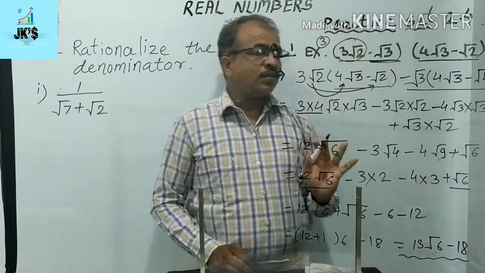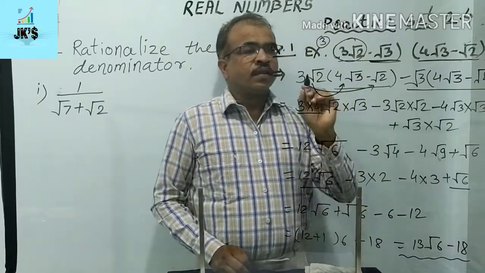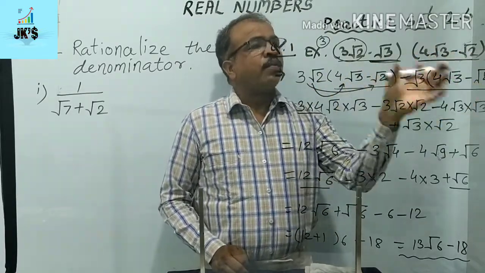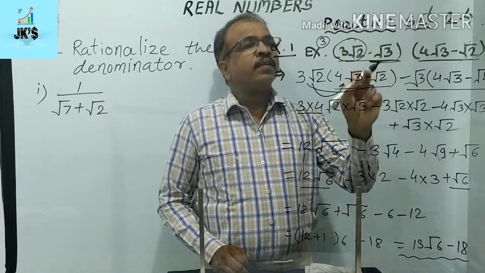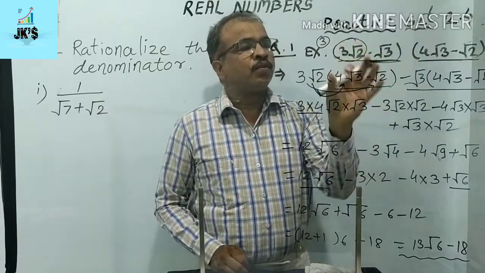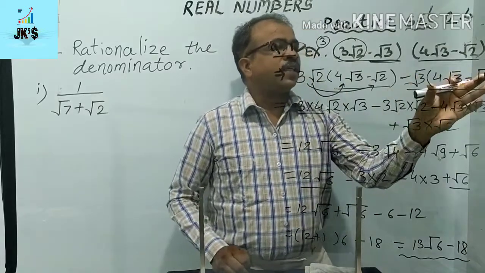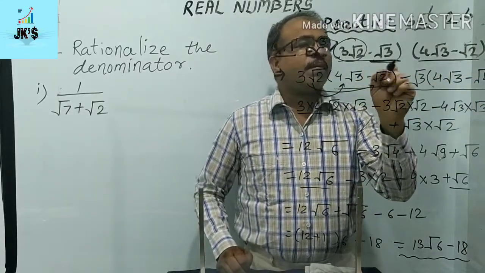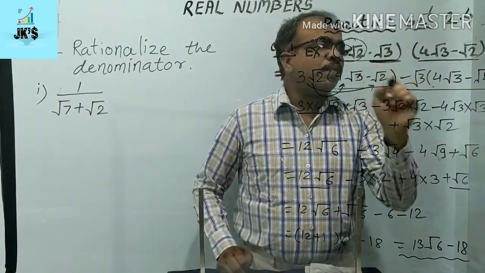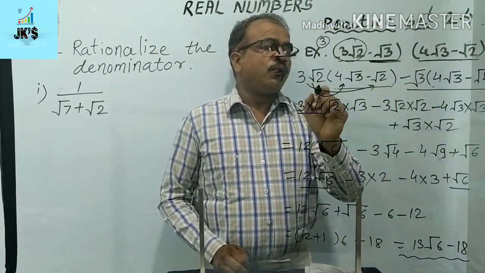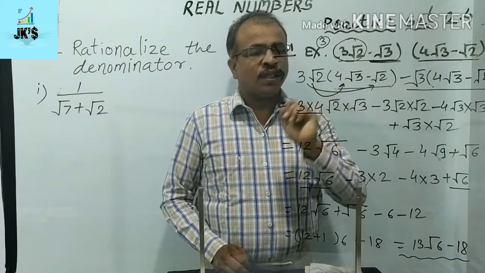Okay, did you understand this? We have to take the second bracket twice, multiply this bracket by the first term of the first bracket, that is 3√2, and the second bracket we have to multiply by the second term of the first bracket, √3. √3 into √2 into 4√3.